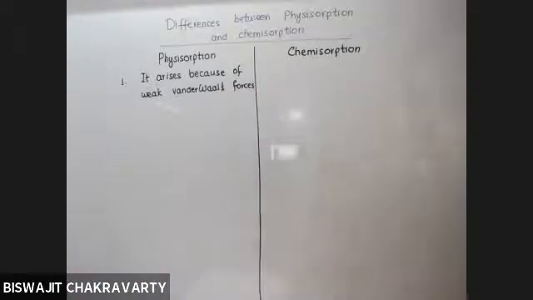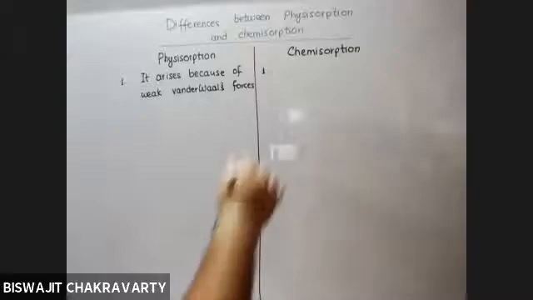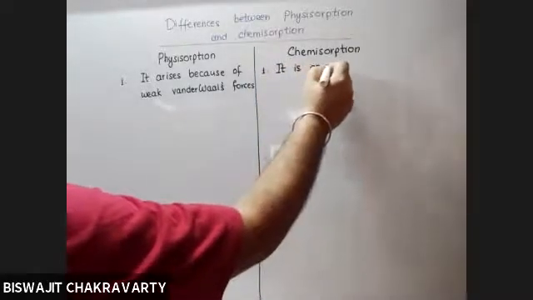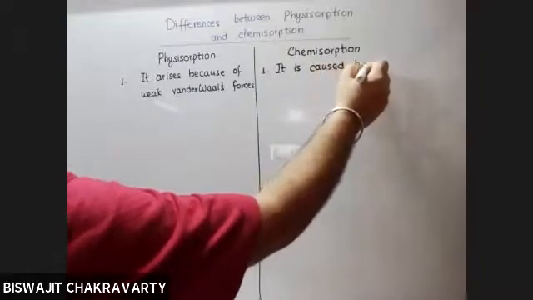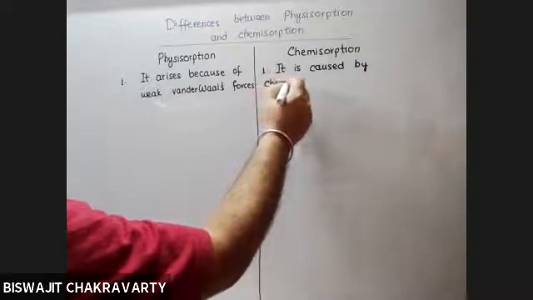That means if the adsorbate and adsorbent are held together by weak van der Waals forces, then it results in physisorption. But in chemisorption, a chemical reaction is going on and the bonding will be strong. So we can write it is caused by chemical bond formation.